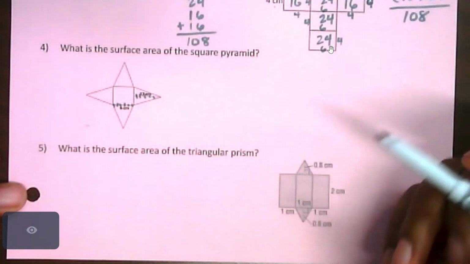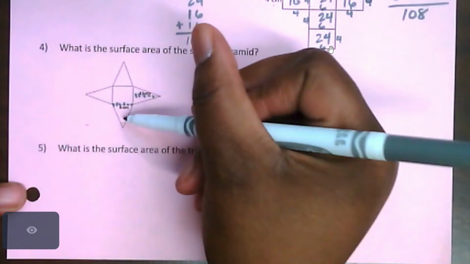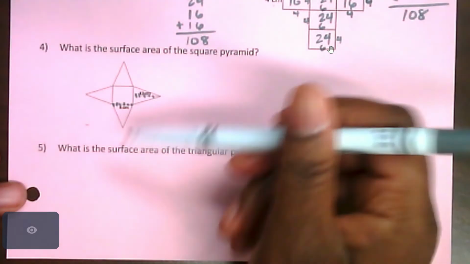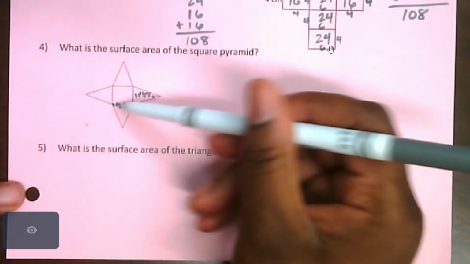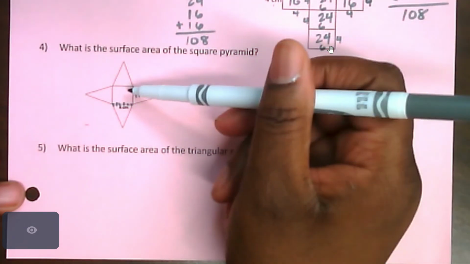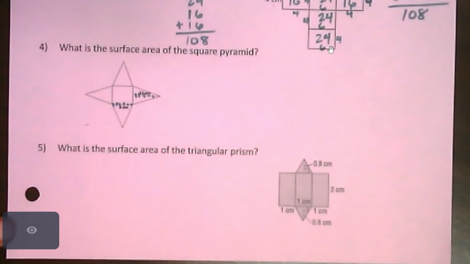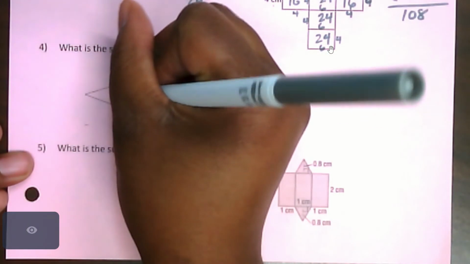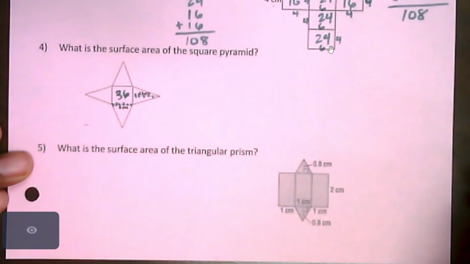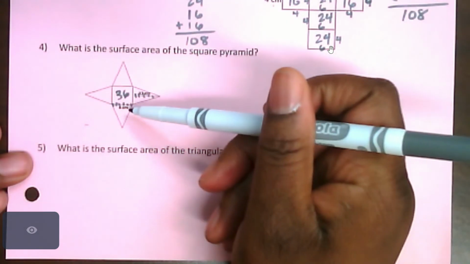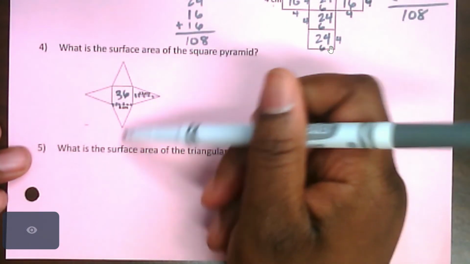That means that all four of these triangles have the same area. And this square, if this is 6 centimeters, so is this side. So I'm going to find the area of the square in the center, and it's 6 times 6. That equals 36. Now it's time to find the area of one of the triangles.